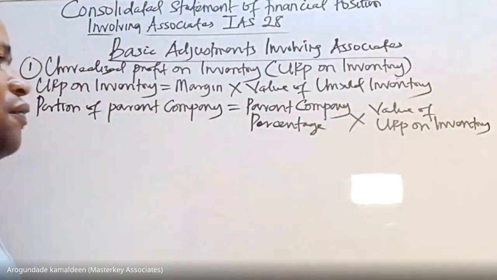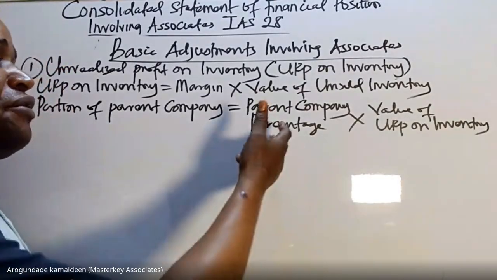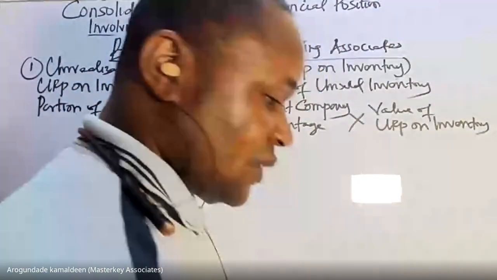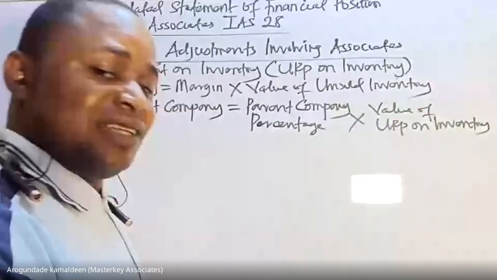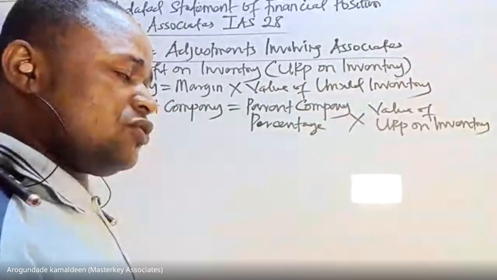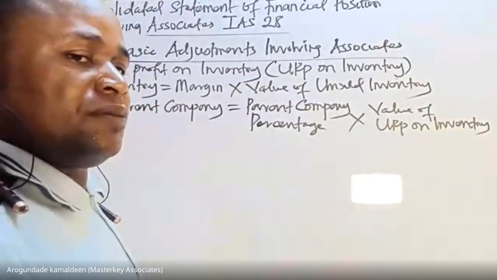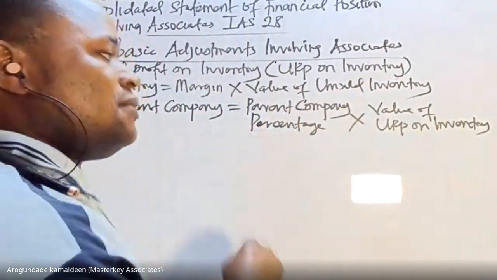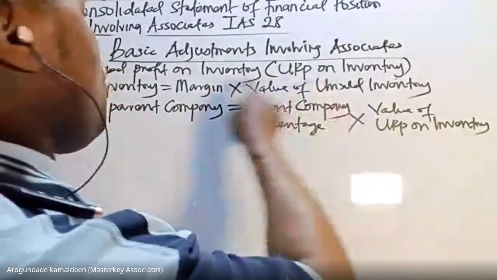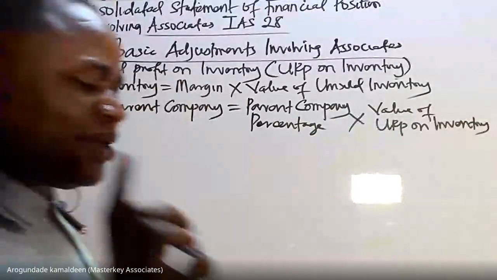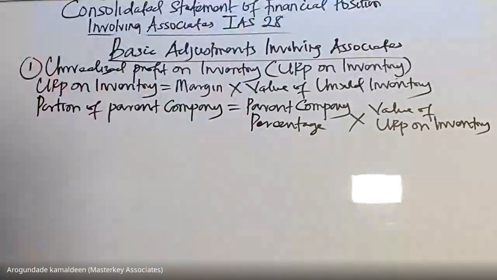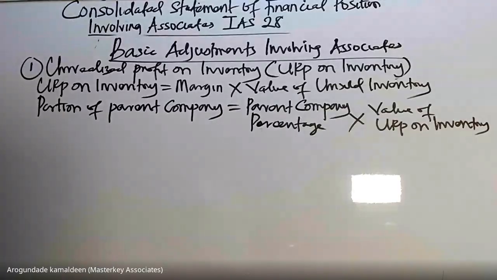Now, if the parent company is having 30%, that is the parent company's percentage of acquisition in the associate, you know I said it's between 20 to 50. So whatever is your percentage times the total value of the URP on inventory, that is the portion of the parent company. This is not the same with the subsidiary.